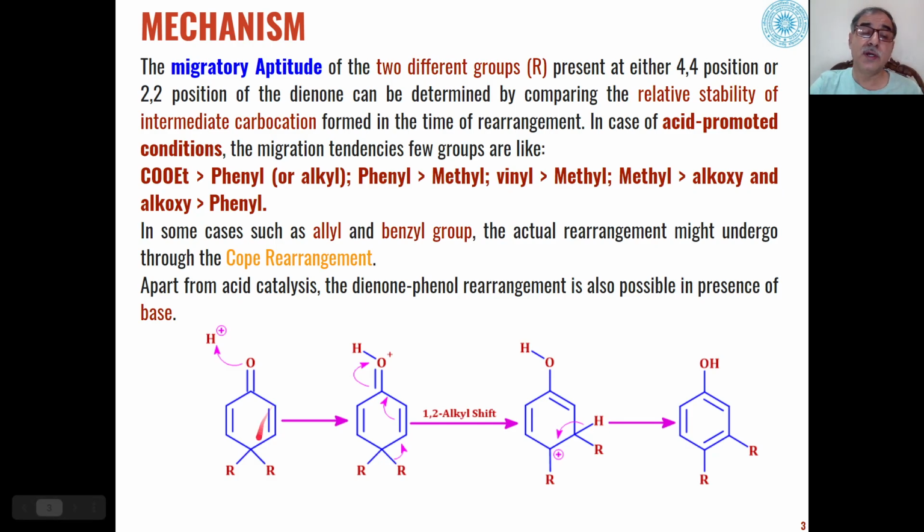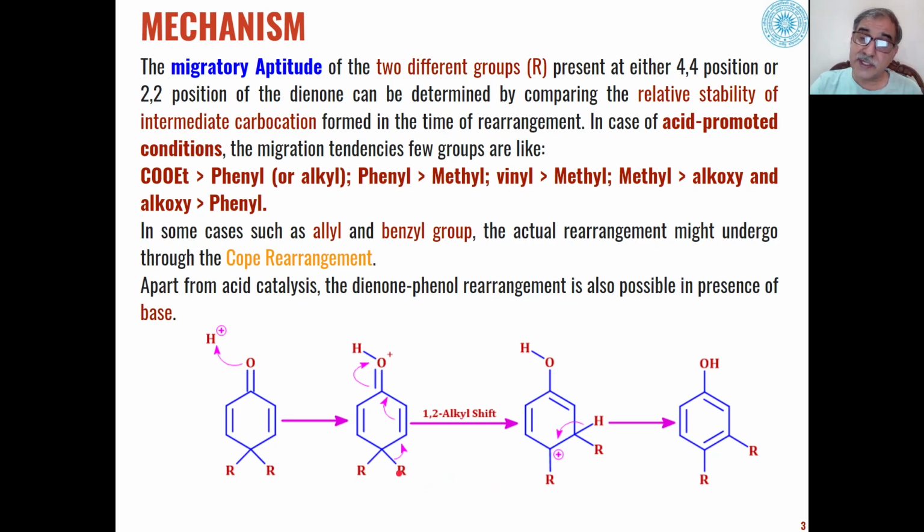So the migratory aptitude of these substituent groups will be determined by the relative stability of the intermediate carbocation formed during this reaction. You can see that after 1,2 alkyl shift, this type of intermediate carbocation is formed.